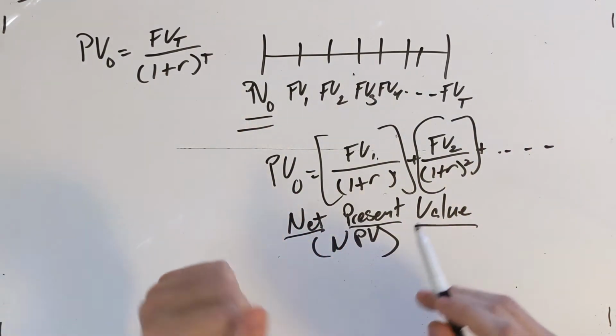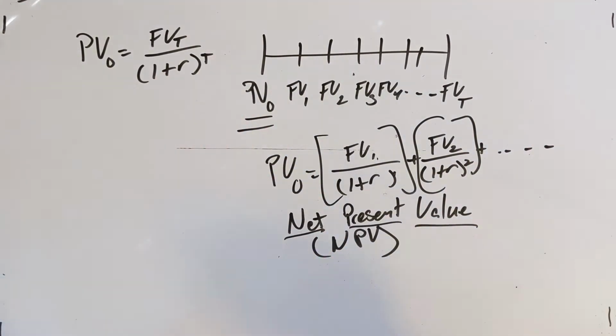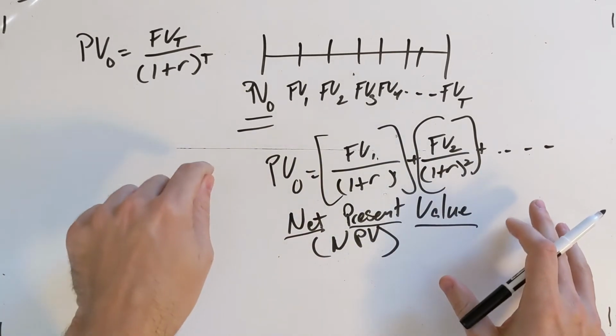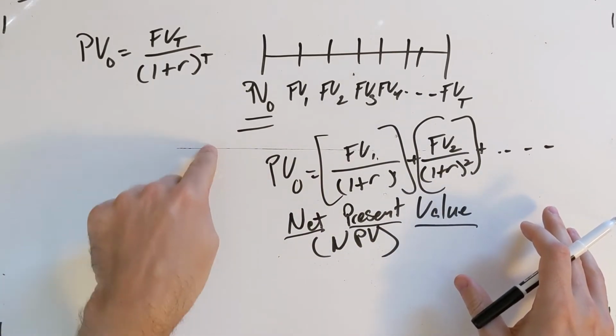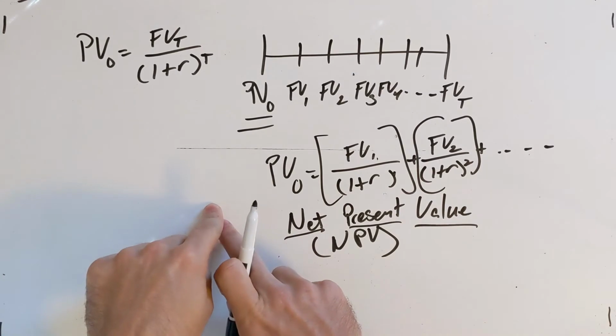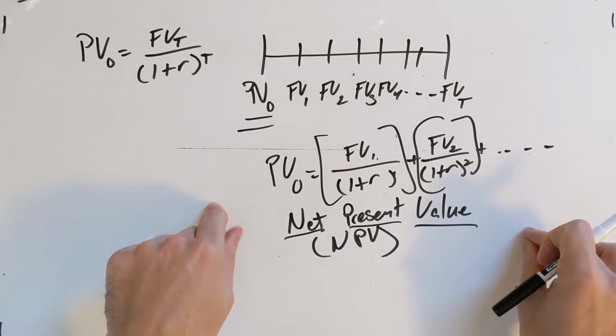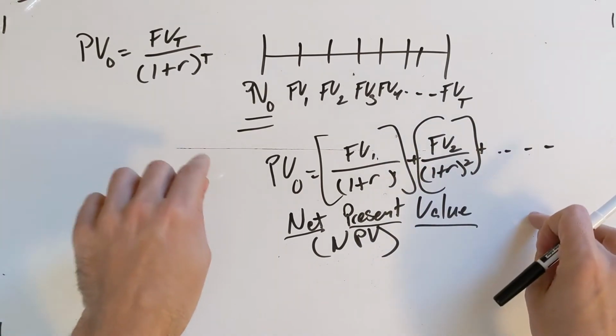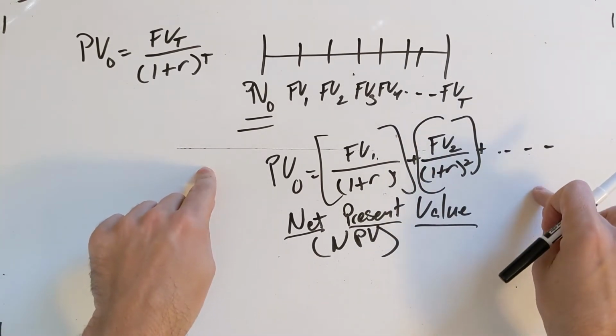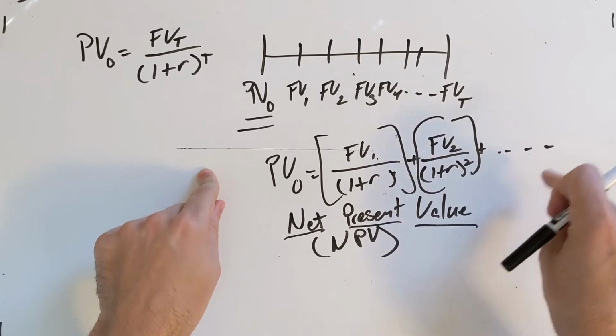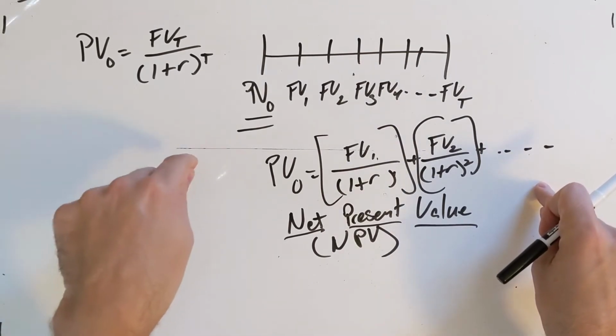To illustrate that further, if somebody gives you $100 today, that's worth more than if someone's going to give you $100 in a year, right? It's still the same $100, but we don't view those as equivalent because one is a future value and one is a present value.